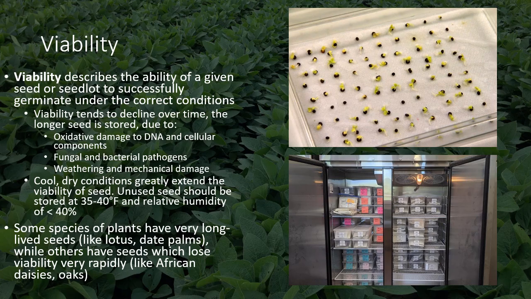If you want to maximize the viability of your seed, you want to store your seeds in cool, dry conditions. Unused seed is optimally stored between 35 and 40 degrees Fahrenheit and at a relative humidity of less than 40%. Cool and dry together are going to result in the longest viability period for most seed. And you can see here in this bottom image a seed refrigerator.